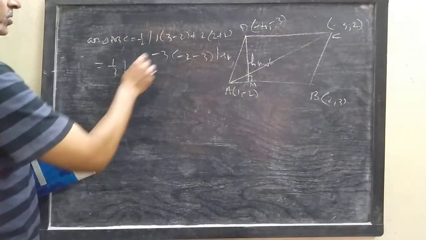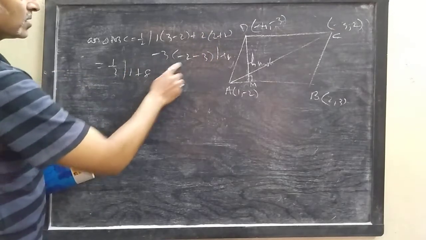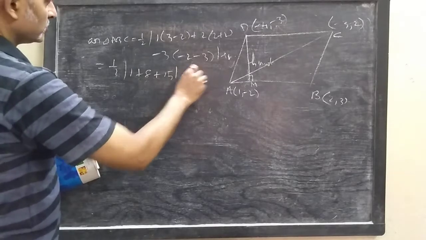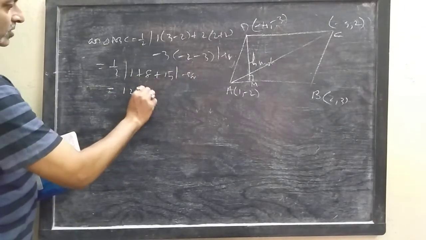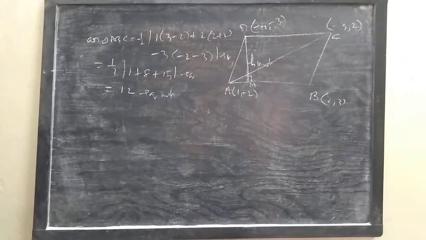Half mod, this is 1, 2 plus 2 is 4, 4 times 2 is 8, minus 15, which gives 12 square units. This is the area of triangle ABC.